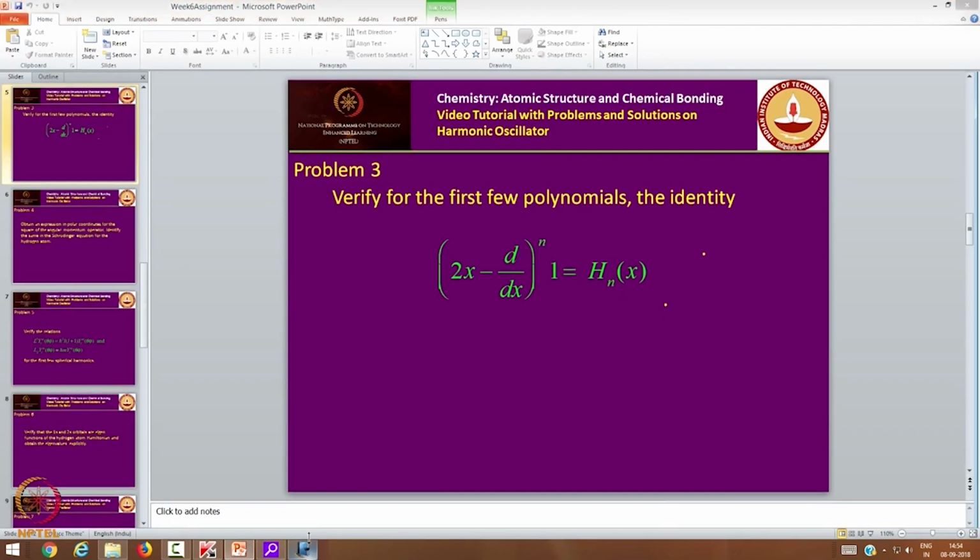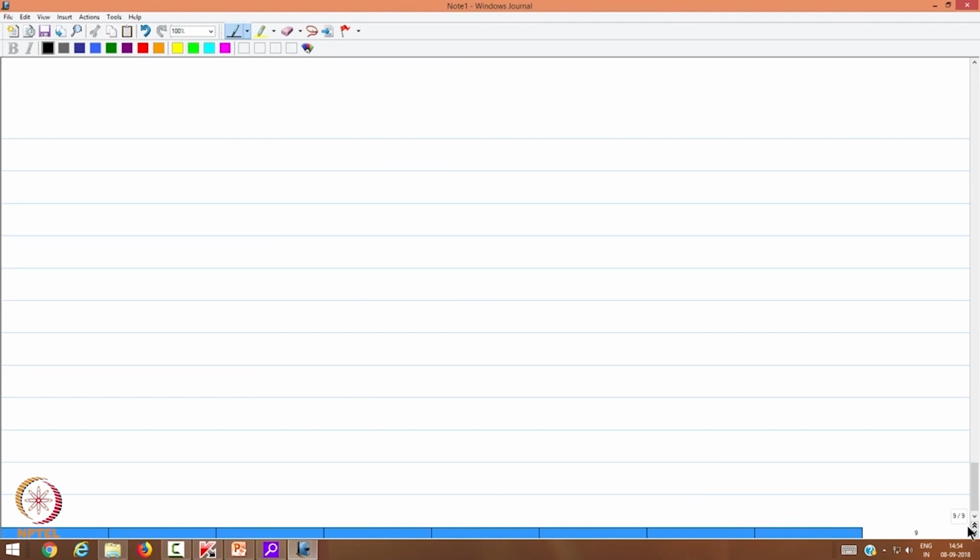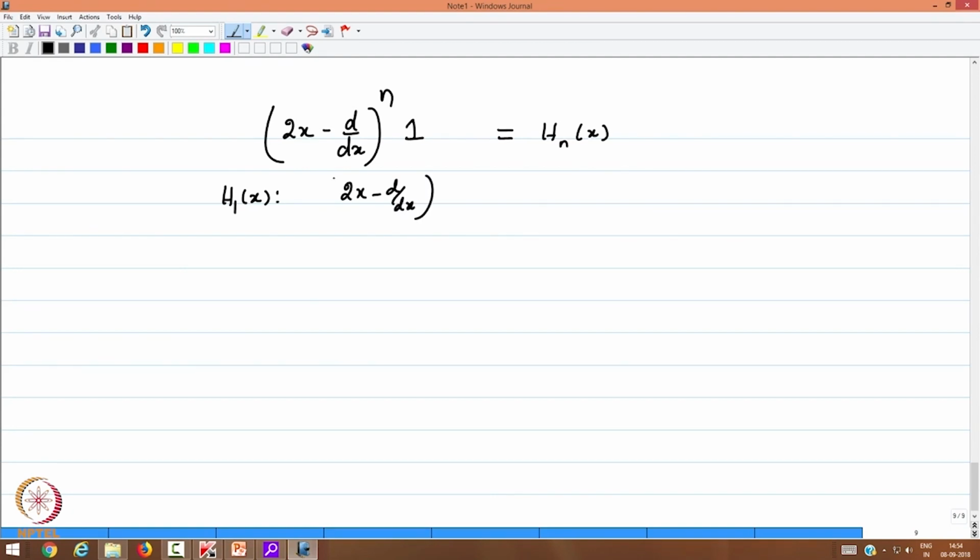So, let us do that again. 2x minus d by dx raised to n acting on 1 is Hn of x. So, when n is 0, of course, H0 is 1. So, let us now consider H1 of x. H1 of x is 2x minus d by dx on 1, and d by dx on 1 is 0. So, it gives you 2x, and that is H1 of x.